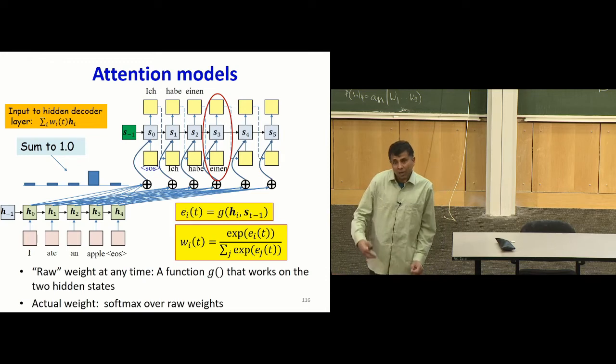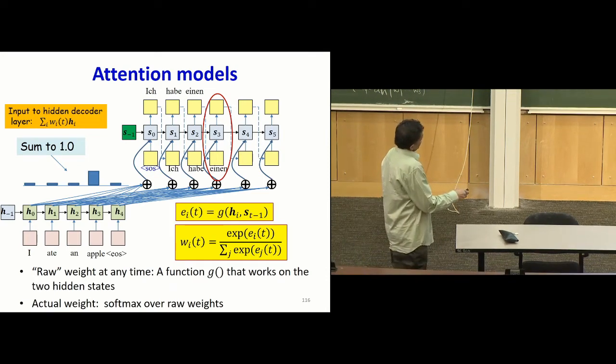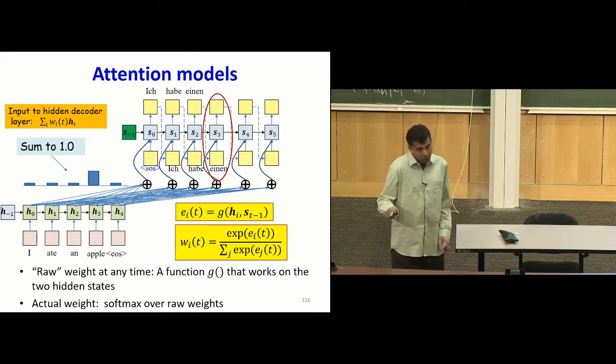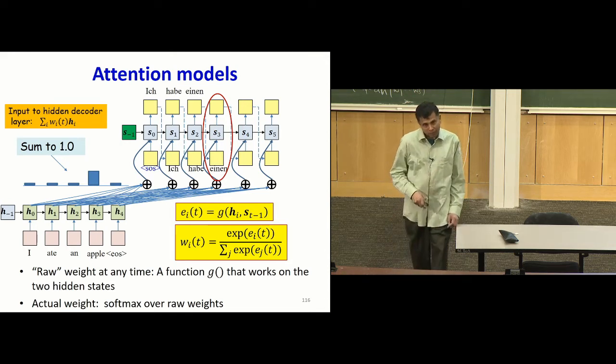But then we will convert these raw weights into a probability distribution by putting the collection of them through a softmax. You would have one raw weight at each input time. These raw weights are going to be processed through a softmax so that you end up with a sequence of positive values which all sum to 1.